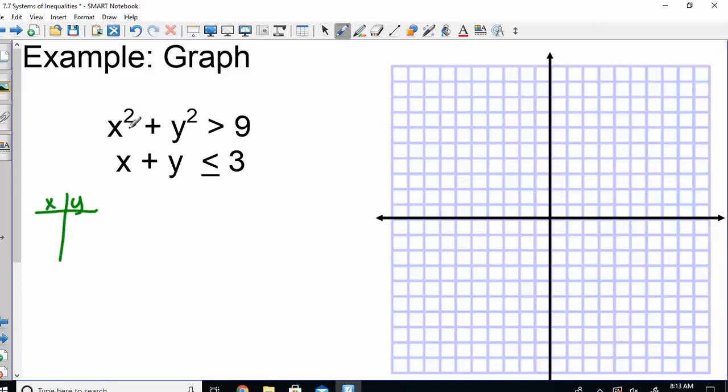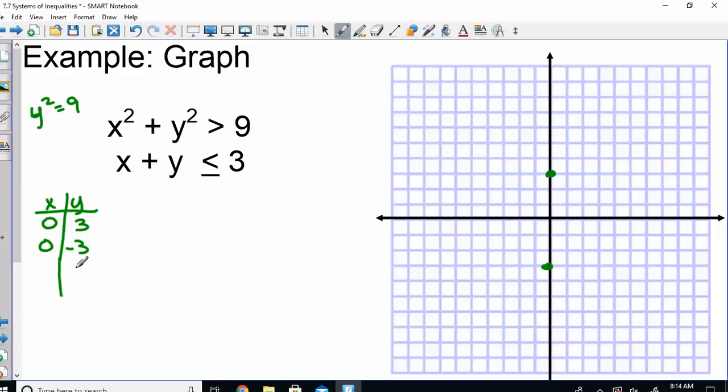If I plug in a 0 for my x, then I would have 0 plus y squared, so y squared equals 9. What would y be? 3 or -3. So that's like 2 points. When x is 0, we could get out a +3 or a -3.